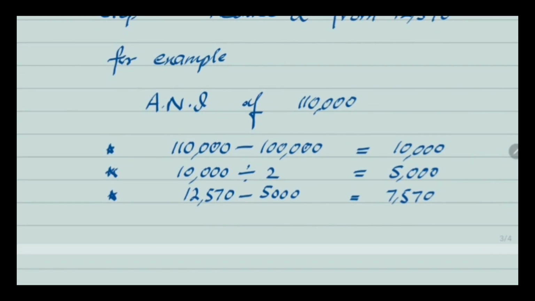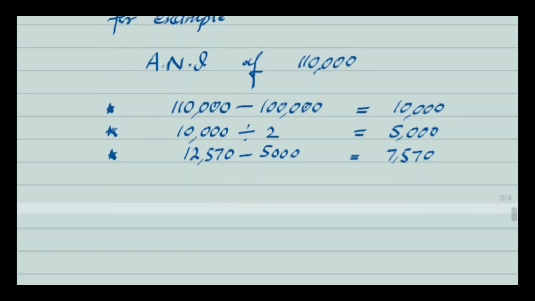But remember one more important thing, that the personal allowance is reduced, potentially to nil, for high income individuals. So we'll verify this. What if the adjusted net income is 1,20,000?